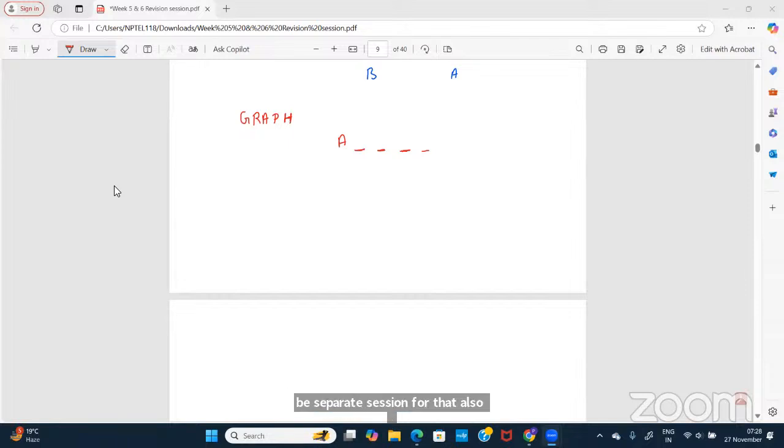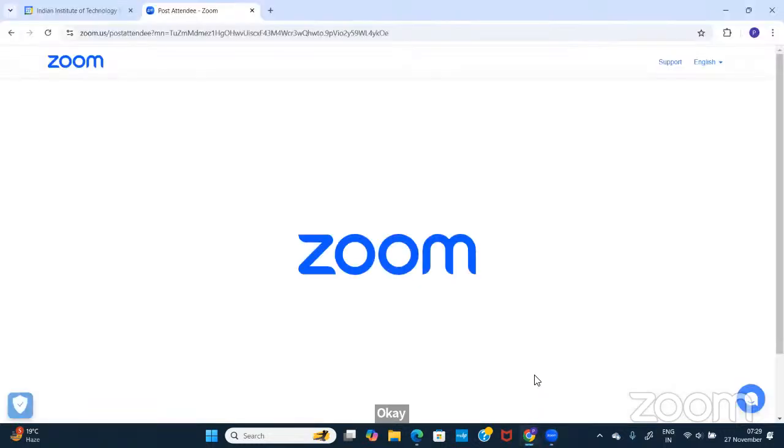In week 6, I have a doubt in graded assignment question 5. Can you please check the solution, which is already given to you?